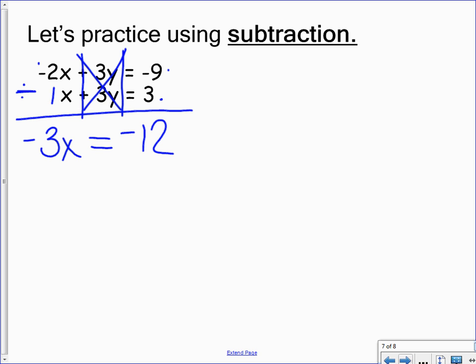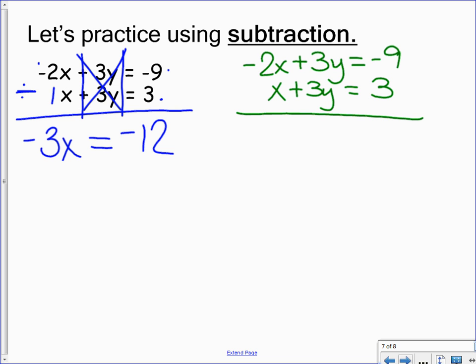I'm going to take a time out here for a minute because I want to look at this setup again. Let's look at negative 2x plus 3y equals negative 9. And x plus 3y equals 3. Now, we can say that we're going to subtract them. Merry Christmas for using red and green.